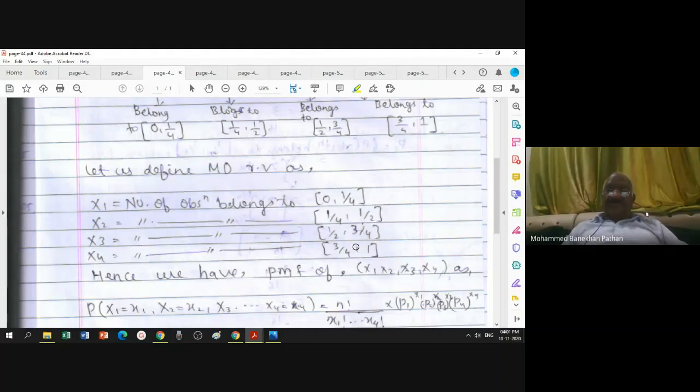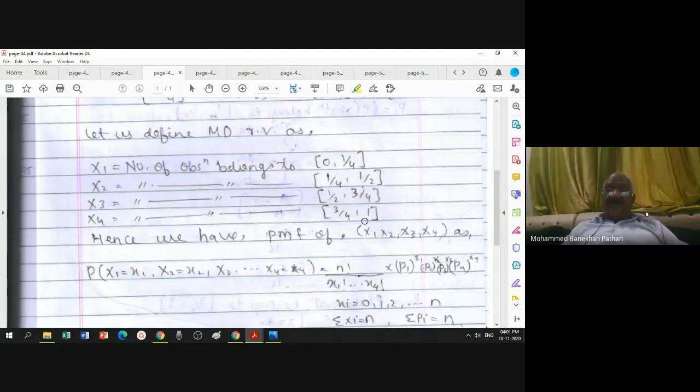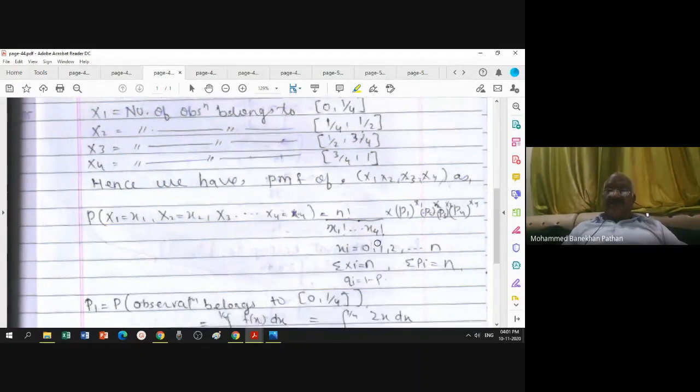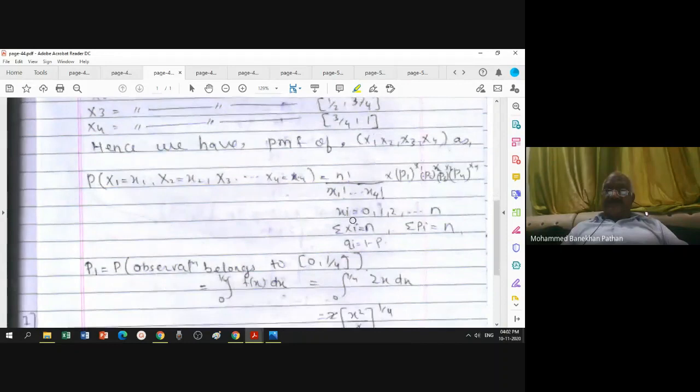So this is an example of a multinomial with 4 random variables. I will have the multinomial distribution: n factorial divided by x1 factorial, x2 factorial, x3 factorial, x4 factorial, times P1 raised to x1, P2 raised to x2, P3 raised to x3, P4 raised to x4.